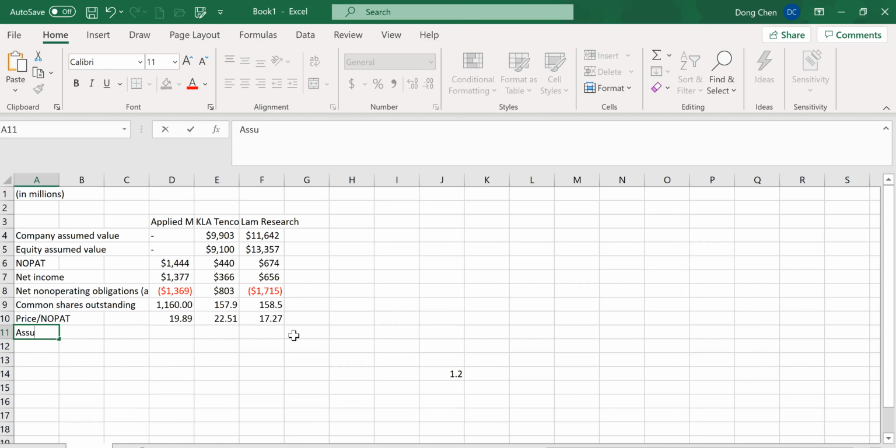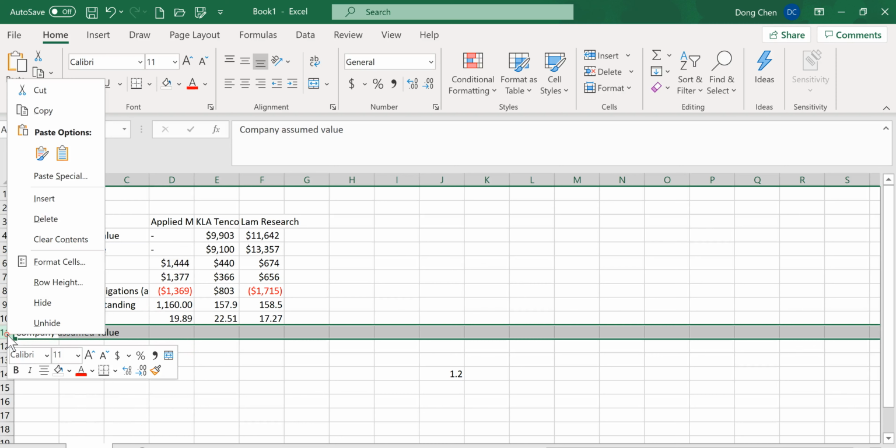So then I can calculate company assumed value, because the price to NOPAT multiple is defined to be company assumed value to NOPAT. Since I have brought the price to NOPAT ratio from my comparable competitor firms to our target, now I can use this ratio. Since the ratio is defined to be company assumed value divided by NOPAT, given this ratio and NOPAT, I can calculate company assumed value.